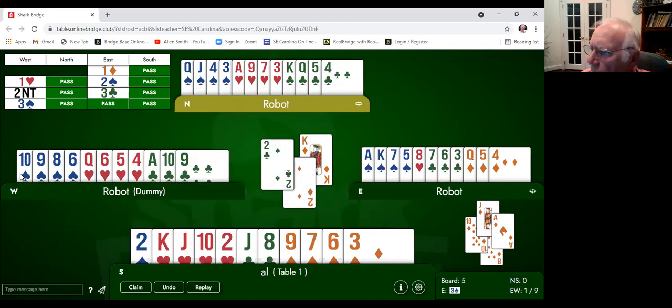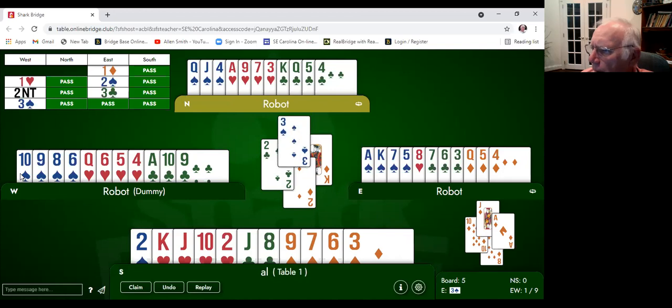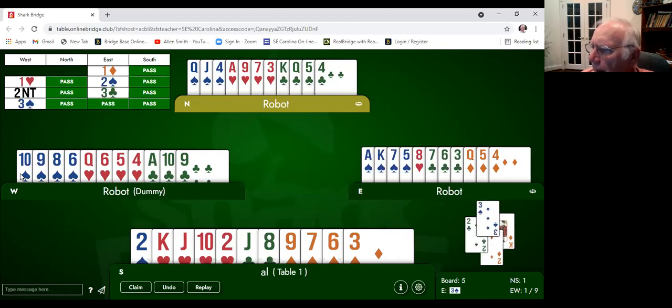But lo and behold, our partner jumps in and roughs with the three of spades. Okay, and now our partner says, well, I can see that singleton heart on the board.